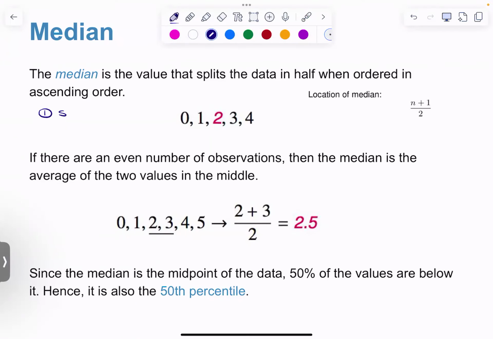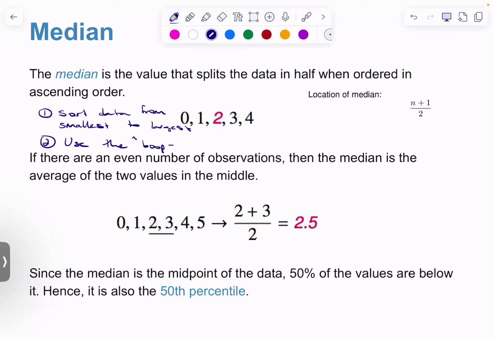So 1, sort data from smallest to largest. 2, use the boop, boop, boop method to find the central value.